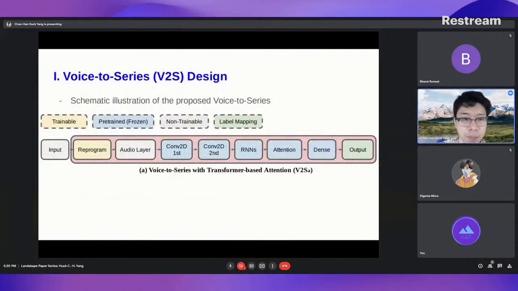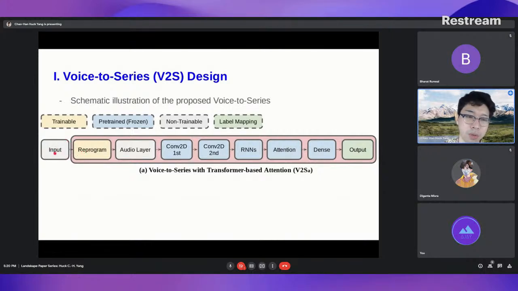Right. But before that, I also want to highlight some engineering challenges in this work. For example, reprogramming a waveform or wave signal to time series looks simple and straightforward, but why didn't people do it before? One thing is that for speech processing or acoustic modeling, people mostly use a digital filter to pick out the features.